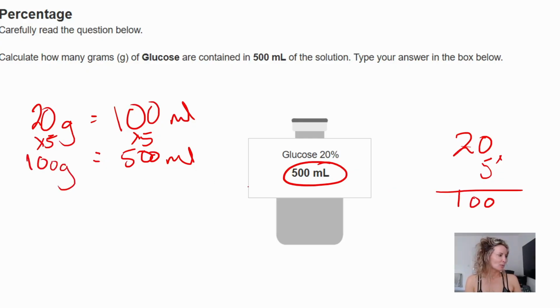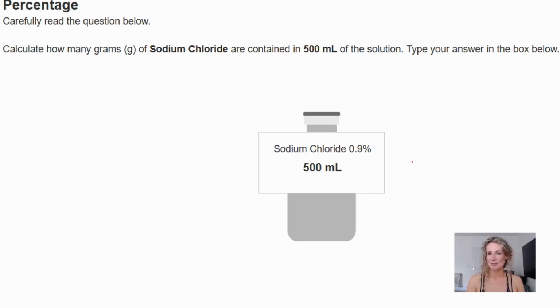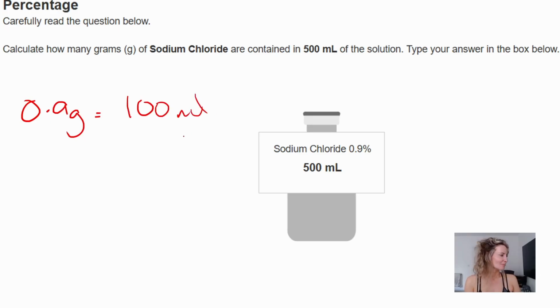grams equals 500 mils. This question is asking how many grams of sodium chloride are contained within a 500 ml solution. Well, they've told us that 0.9 grams equals 100 mils. And then we look and see what amount do we want. We would like 500. So 500 mils. What did we have to do at 100 to get 500? We had to times it by 5.